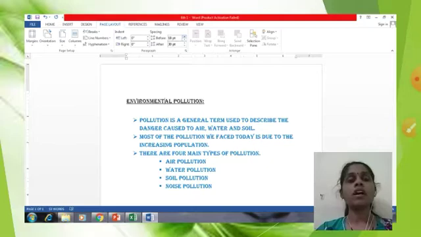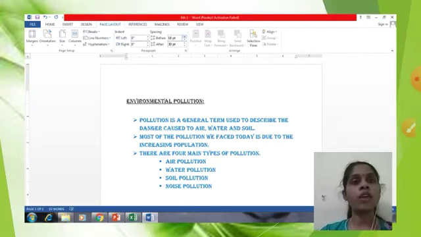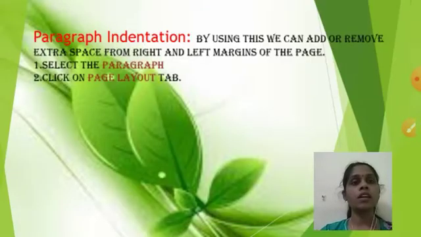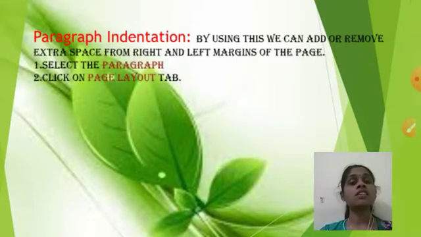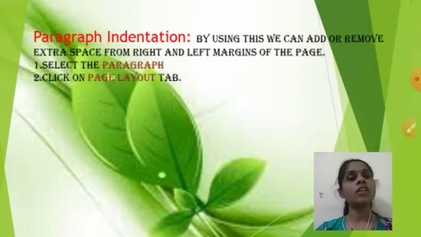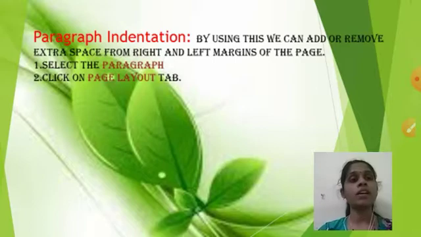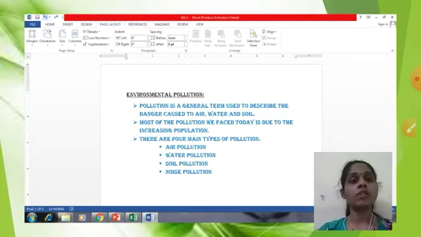Okay, this is your paragraph spacing. Now what you have to do? By using this you can add or remove the extra space which is present on the left and right side in your Word document. Again you have to select the paragraph and click on page layout.